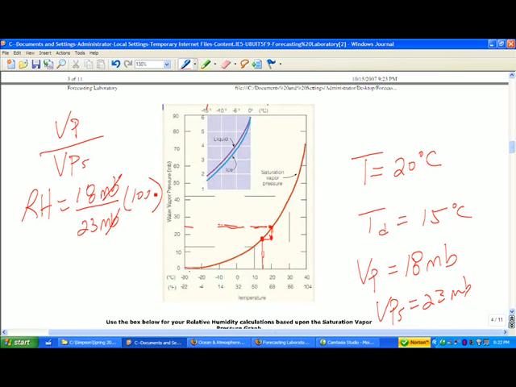And I guess I should have grabbed a calculator here. Here we go. So we take 18 divided by 23 times 100. And of course the calculator I'm trying to use is broke. So let me go to my cell phone calculator and see if I can get this.